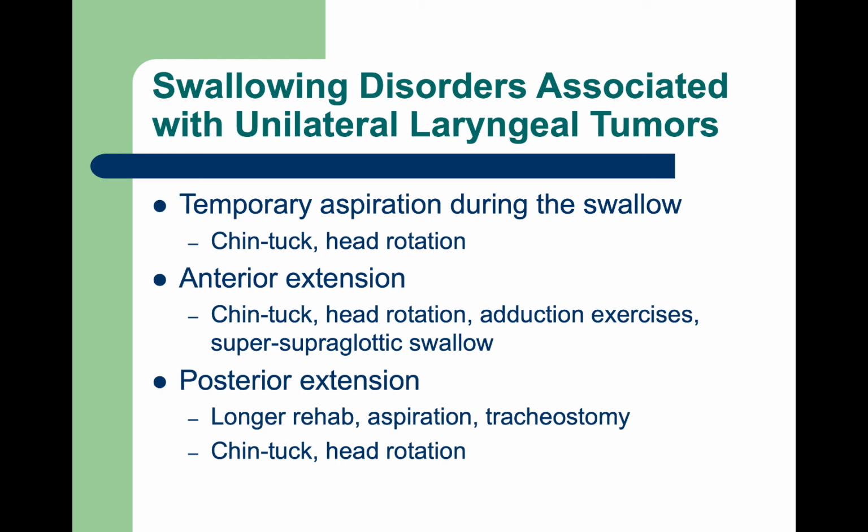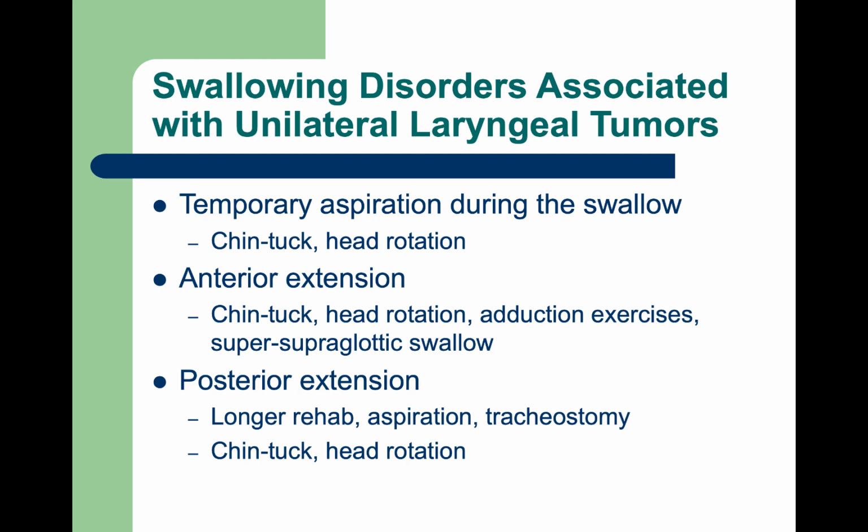If you have a posterior extension, this includes the arytenoid in addition to the one true vocal fold, one false fold, the space between them, and the portion of the thyroid cartilage. So in addition to that, you now have arytenoid cartilage being added. Research has shown that these patients tend to require a longer rehabilitation period compared to the other extension.